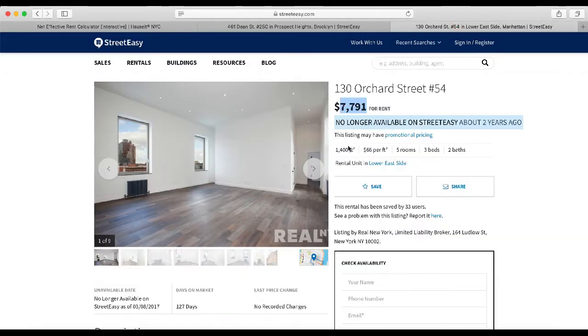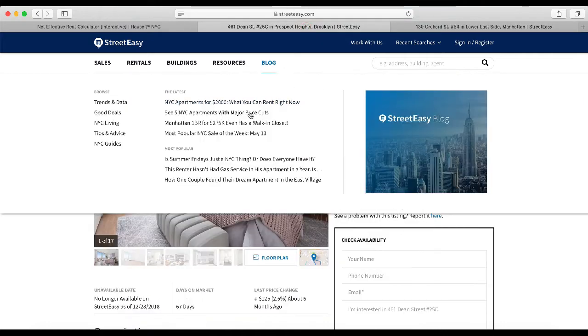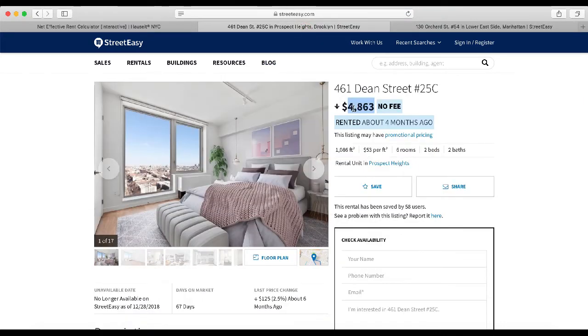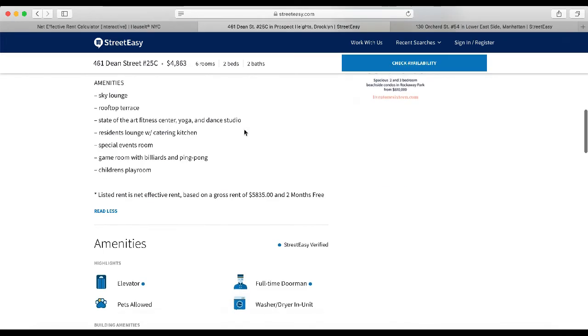But just to reiterate, if we go back to this listing here, which is correct, the average rent you would pay over the term of the lease is $4,863 a month. But what it really means is you would actually pay $5,835 a month for 10 months, and then in the final 2 months, you would not have any rent to pay at all.